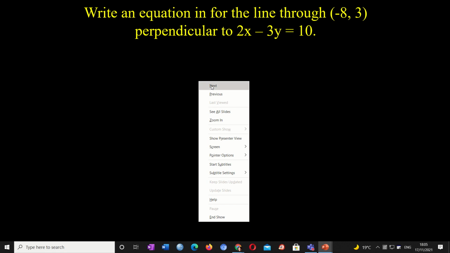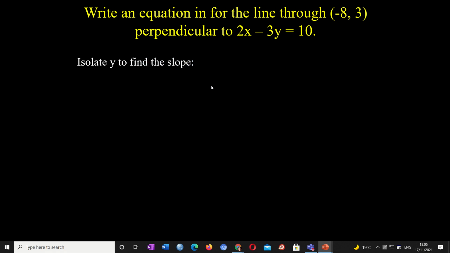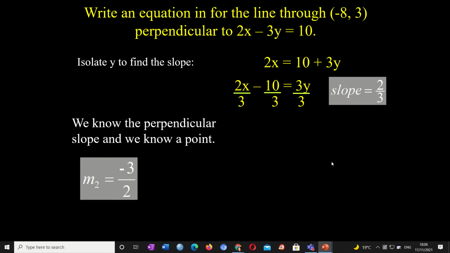Now here, we have to isolate y. What this means is write y equals. When we isolate y, we see that 2 over 3, the coefficient of x, is the slope, because y equals 2 over 3 x minus 10 over 3. So what is minus 10 over 3 here? It's b, okay, good.